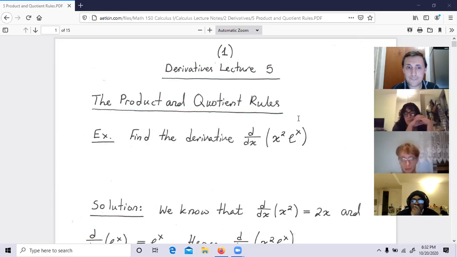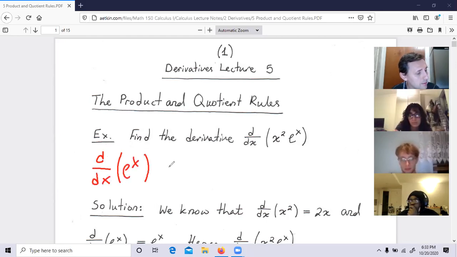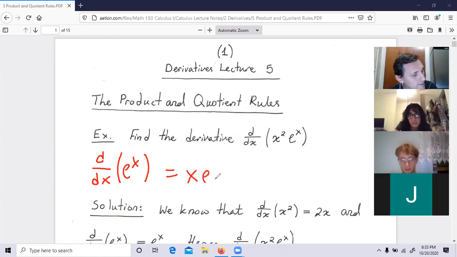Okay. All right. One thing that irritated me in the morning is this, of course: the derivative of e to the x. They said x e to the x minus 1.